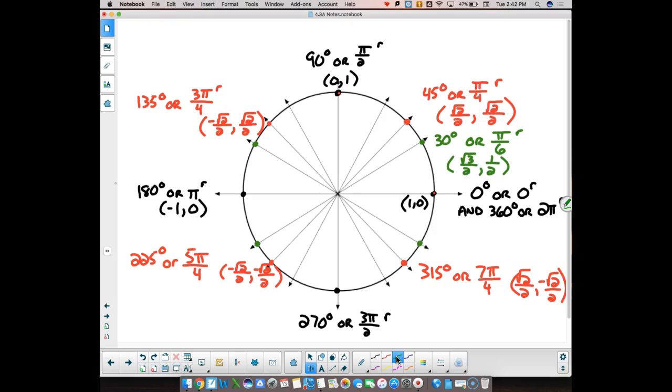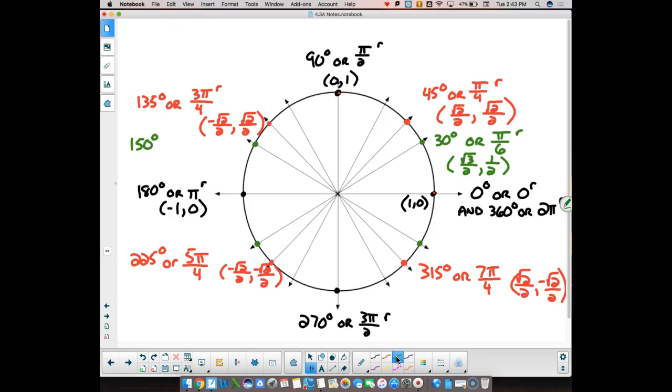Volunteer. The green point in quadrant number 2, degree measure. Somebody that hasn't talked yet today, or hasn't talked a lot yet, so somebody not up here at the front table. Anybody? Go ahead, start us off. 150 degrees. I like 150 degrees.